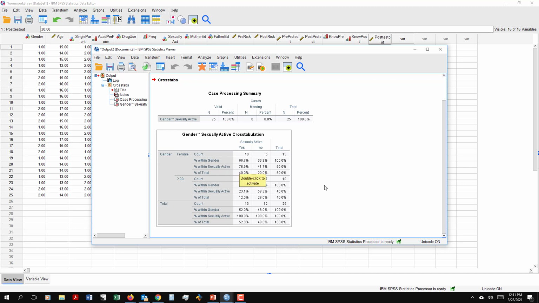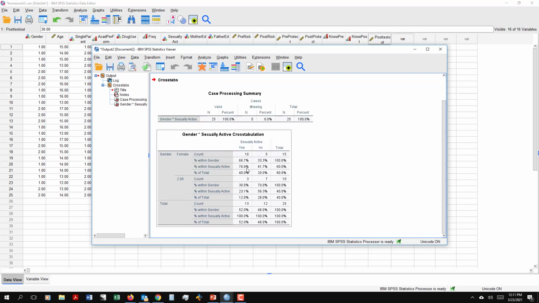Okay, for males, we're going to come down here, and we actually have 30% within our male population that said that they were sexually active, and within those who are sexually active, 23% were male. So clearly our females are more sexually active, or reporting to be more sexually active, than our males in this case.